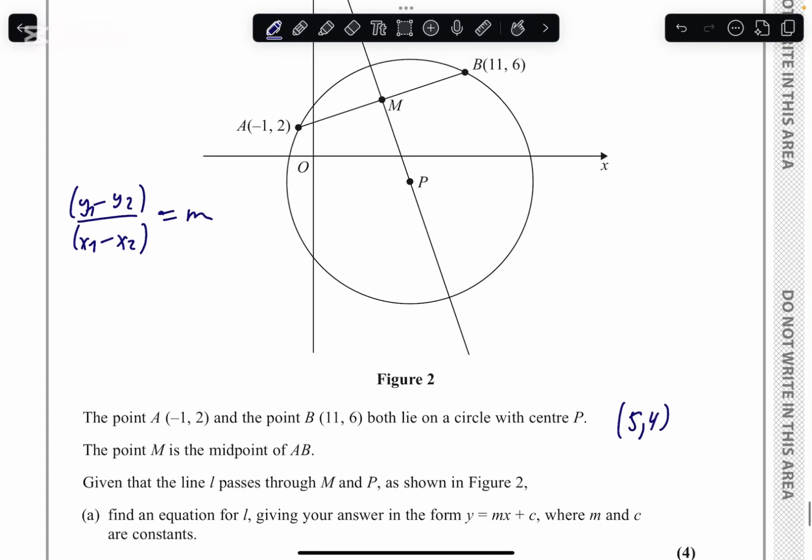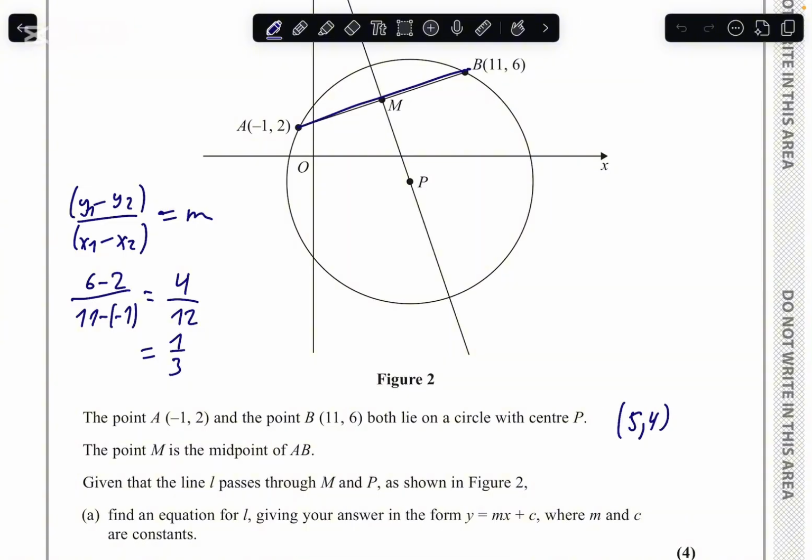In this case, we do 6 minus 2 over 11 minus -1, which gives us 4 over 12, which is the same as 1 over 3. That's the gradient of the line AB.